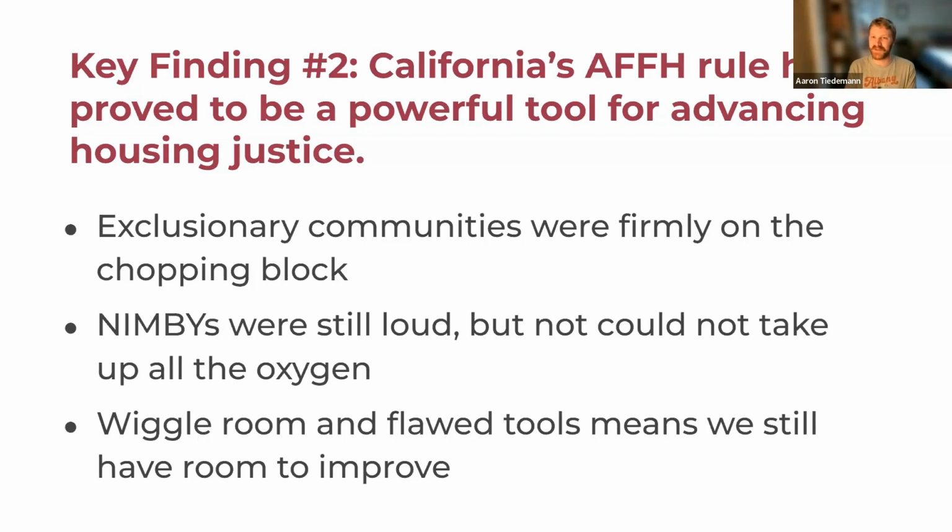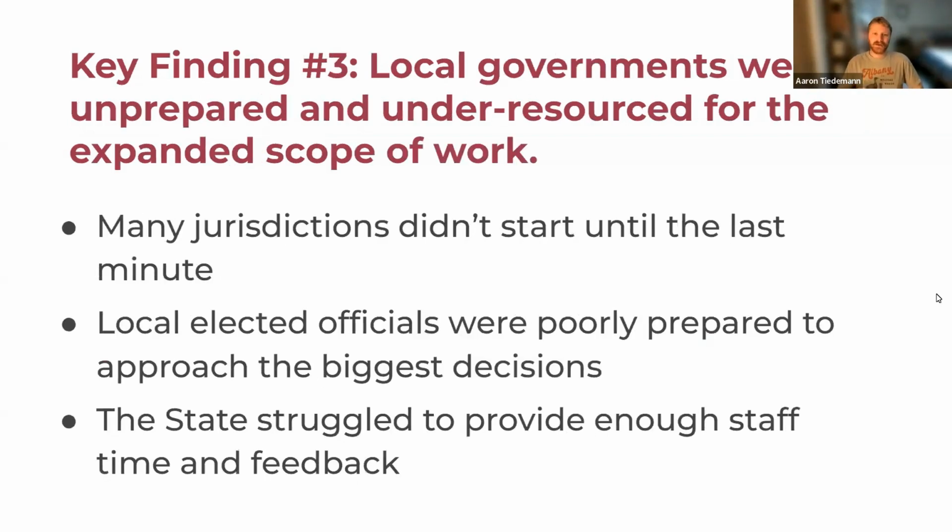We have to do both, and these tools aren't adapted to doing all of those things at once. So there still needs to be some improvement there to really make AFFH address everything it needs to about housing justice.